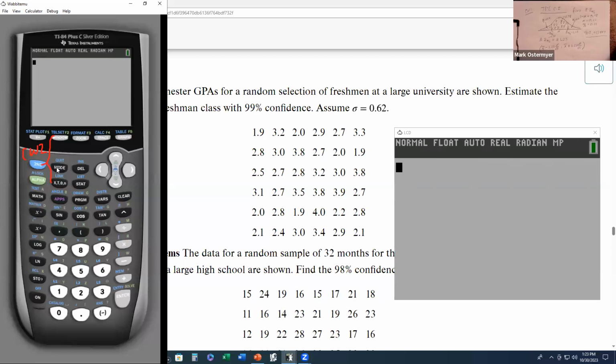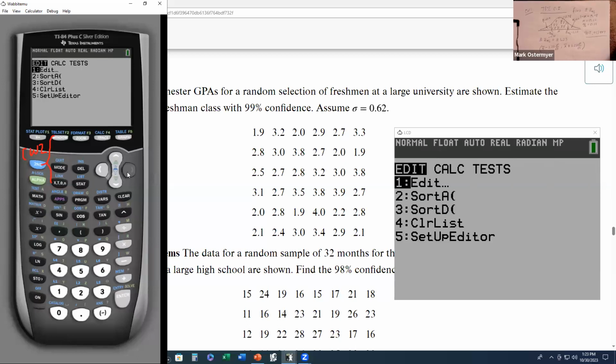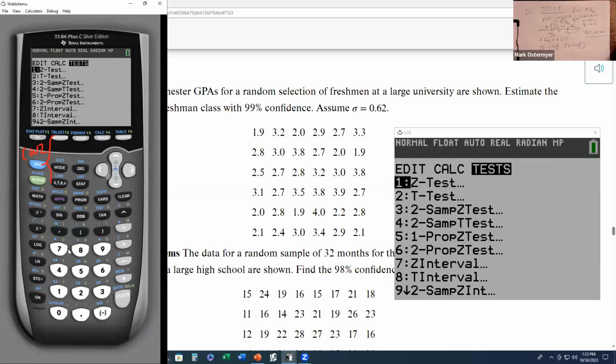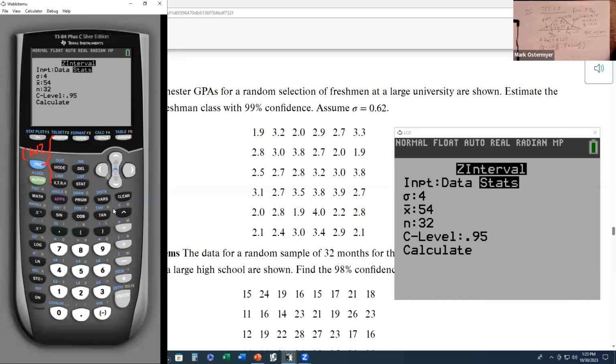Second mode to quit. Let's go to stat, tests, select the Z interval, function number 7. Notice now you have to be on data because we're using raw data. The standard deviation of our population, again, is assumed to be 0.62. Our raw data has been put into list 1, and the frequency, just leave it as 1.